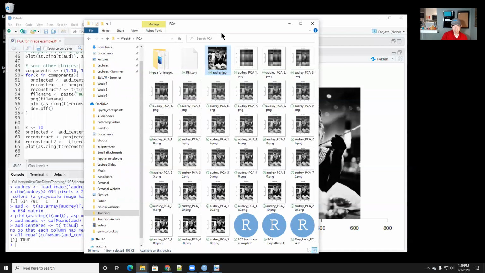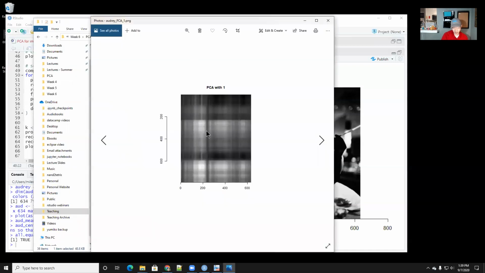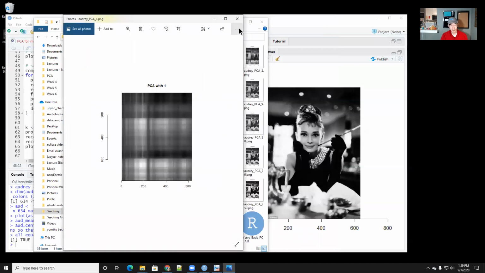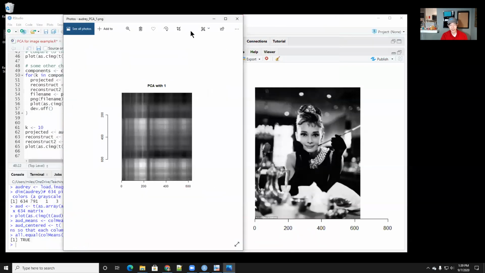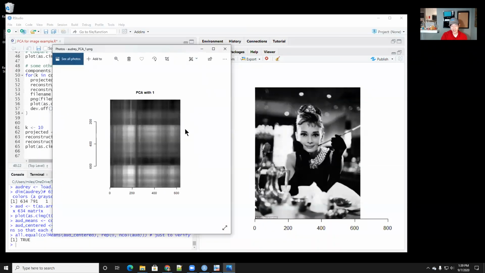And so I did this, okay? If you keep only the first principal component, which means you reduce it from 791 by 634 down to 791 by 1 column, and then you use that to try to reconstruct the image, the resulting image looks like this.